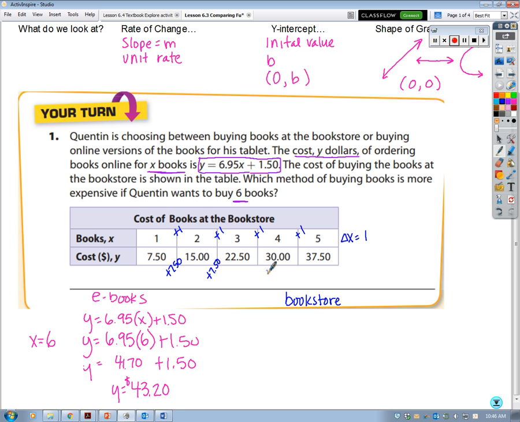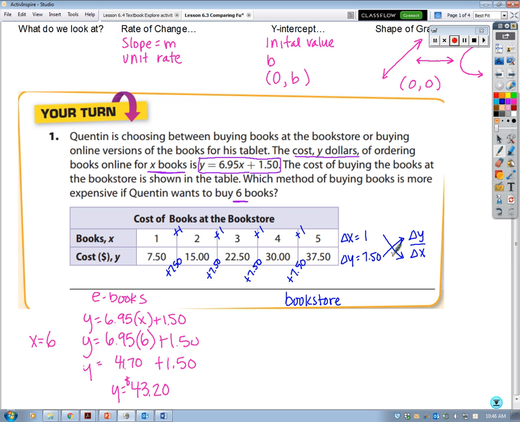$22.50 to $30 is plus 750. So we've got a pattern emerging here. And plus 750. So our change in y is 750. Now remember, we do this for our rate of change. It's change in y over change in x.